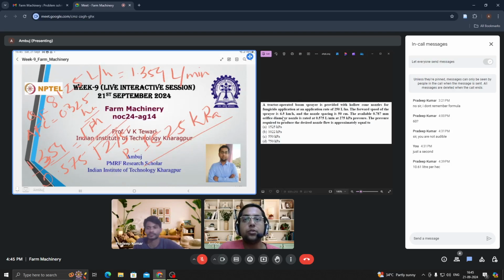Then using the approach Q1 by Q2 equal to under root of P1 by P2, 1.354 divided by 0.575, which have been given in the question, equals under root of P divided by under root of 275. From this equation, if I calculate P, I'll get 1525 kilopascals. Okay. Thank you.